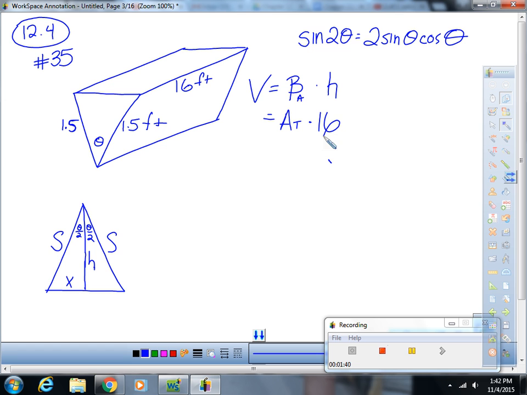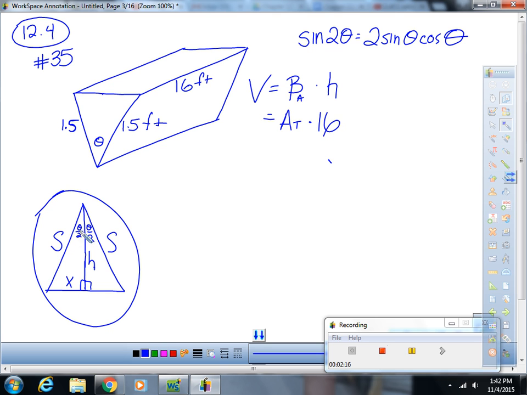Let's look at this triangle right here. And let's say I've just come down here and flipped it around and I included an x and an h. So hopefully you remember that the altitude of an isosceles triangle is also an angle bisector. It's also the perpendicular bisector. So my theta has become theta over 2, and my isosceles triangle has turned into two right triangles.